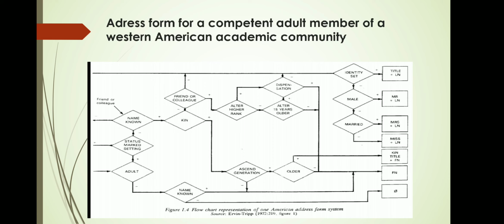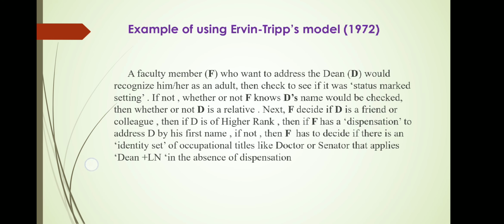And to illustrate this more, a good example was provided. Okay, an example of using Ervin-Tripp's model. So if we have a faculty member, F, who wants to address the dean, D, F would recognize him or her as an adult.